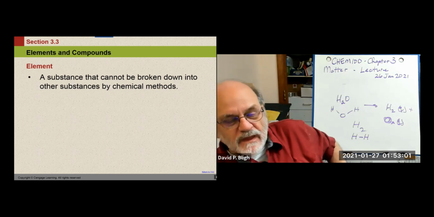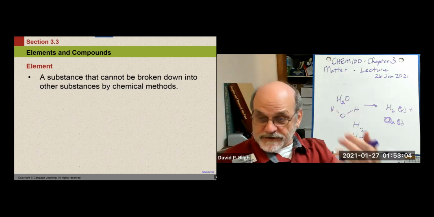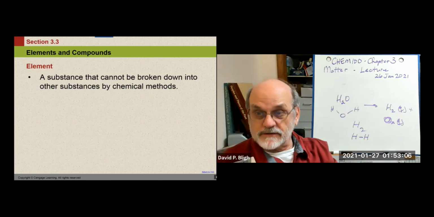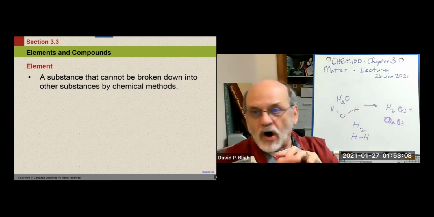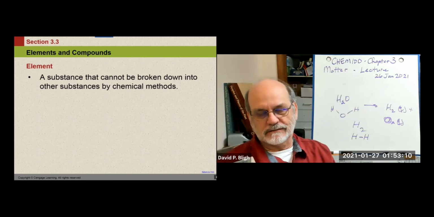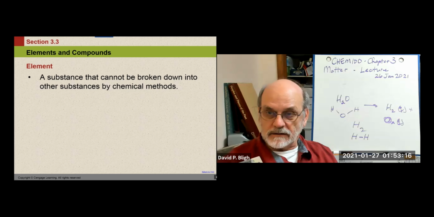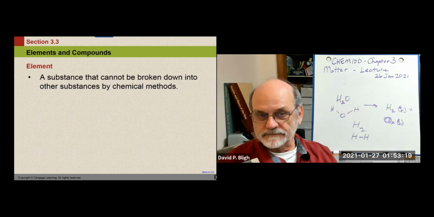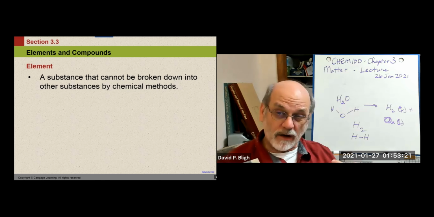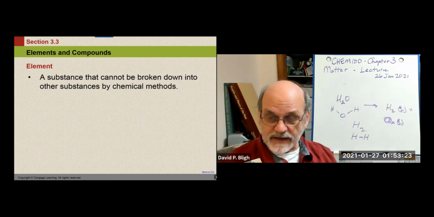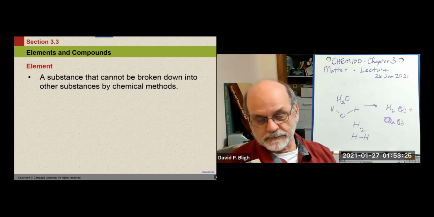Now, if the substance was pure to begin with, it's just one element, then all atoms are exactly alike. And they can be broken down by physical means. Now, if we have compounds like water and we want the elements, then we need to use chemical means.